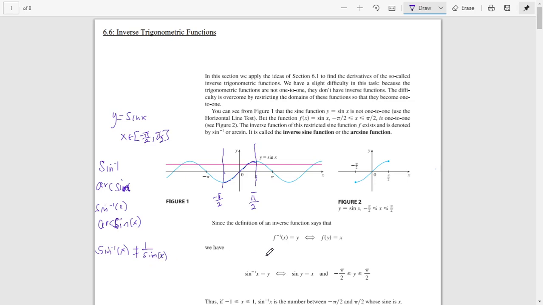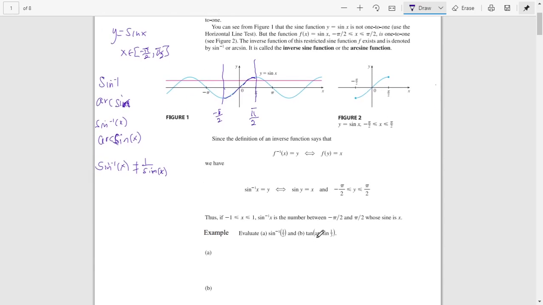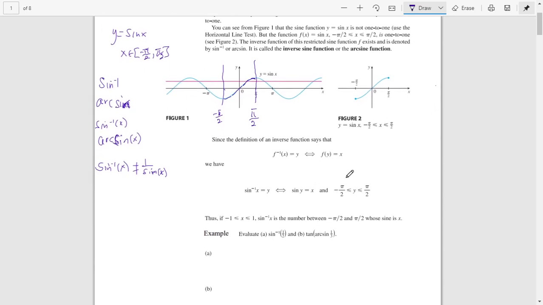Now, going back to this function, recall that in section 6.1, we said that a function f has an inverse, f inverse of x equal to y, if and only if f of y is equal to x. Now, suppose that our inverse function is y as given here. That implies that sine of y is equal to x. So this is the way it's defined.